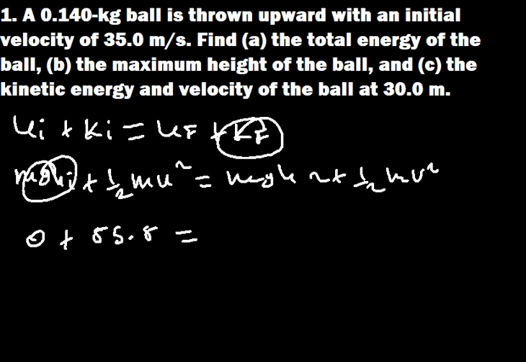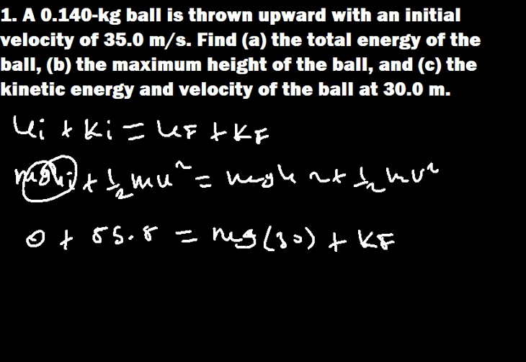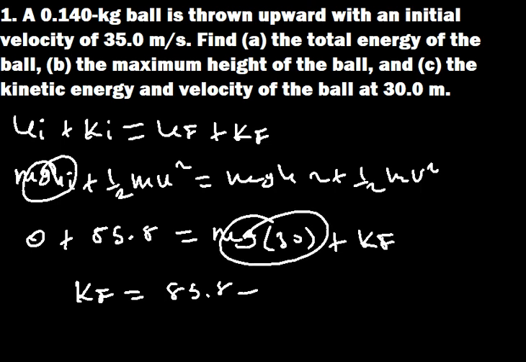And since we have H2, which is 30 for this case, we have it as mg times 30 plus the final kinetic energy. With this we'll be able to have the final kinetic energy, which is 85.8 minus whatever you have here. From there, the other part says we should find the velocity from the final kinetic energy. That will be given as Kf equal to half mv squared. You'll be able to have the final kinetic energy there.